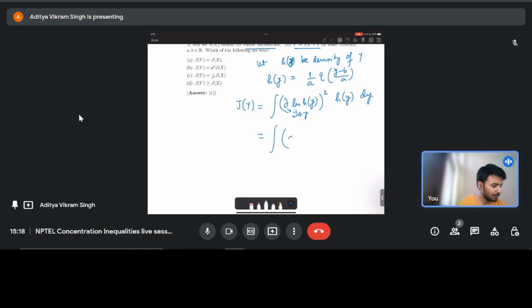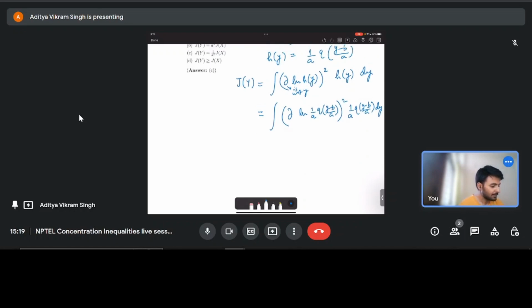So it's the derivative of ln of 1 by a q of y minus b by a, the whole square, times 1 by a q of y minus b by a times dy.